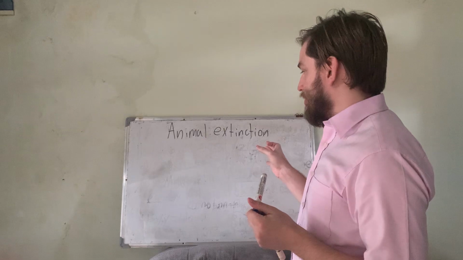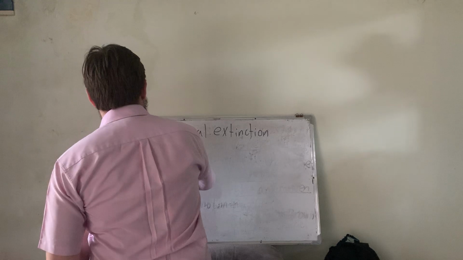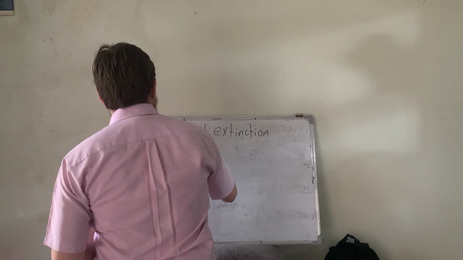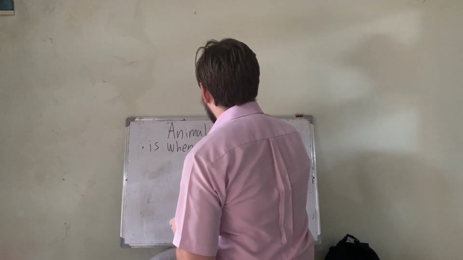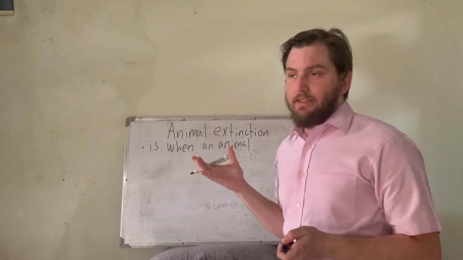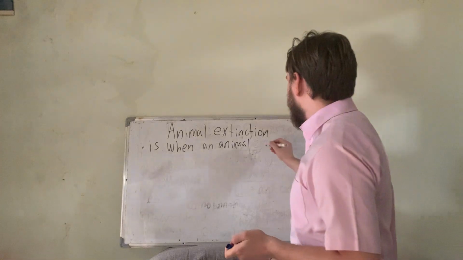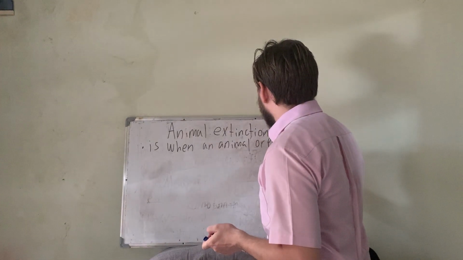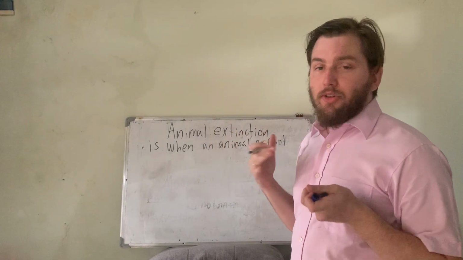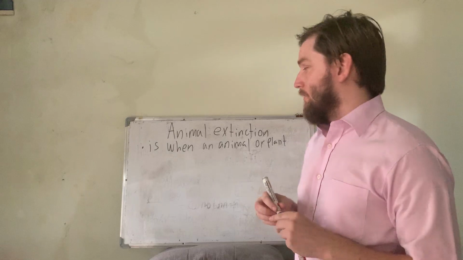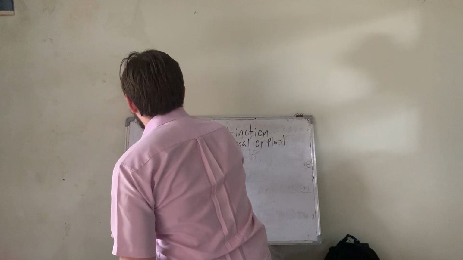So, extinction, I want to put the definition right here, is when an animal, like let's say a bear, tiger, lion, or a plant, let's say like a flower or bushes or something like that, some kind of plant, disappears.